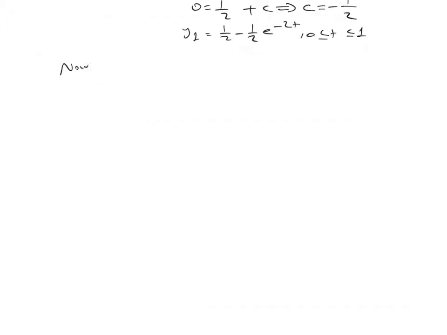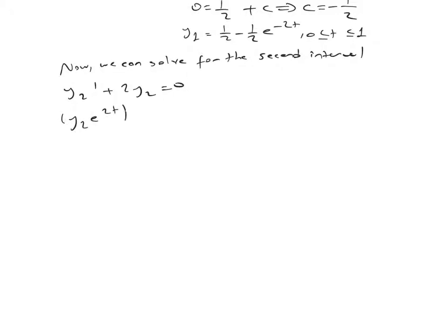Now we can solve for the second interval, where g of t is equal to 0, so y2 prime plus 2y2 is equal to 0, and y2 times e to the 2t, prime, is equal to 0, so y2 times e to the 2t is equal to the constant c.